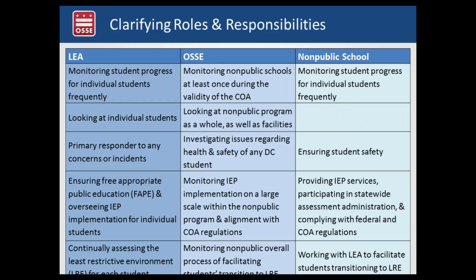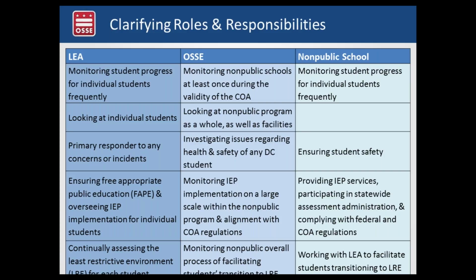So here are some more areas to look at in terms of the clarification of roles and responsibilities, and I'm just going to skip down to the last one. For LRE, or the least restrictive environment, the LEA, in their ongoing progress monitoring, should always be considering whether the non-public school setting is the least restrictive environment for a student as they're making progress or having challenges with progress.